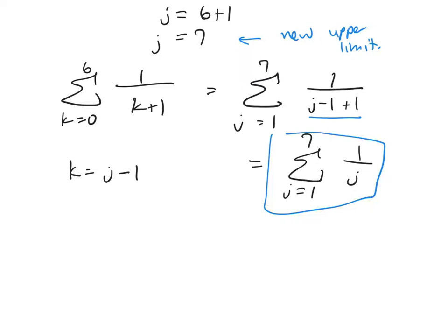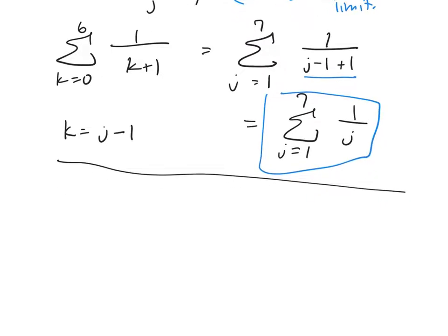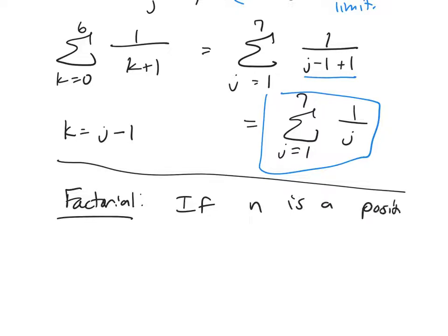All right, now let's talk about factorials. So if n is a positive integer, then we're going to define n factorial to be n times n minus 1, down to 3 times 2 times 1.